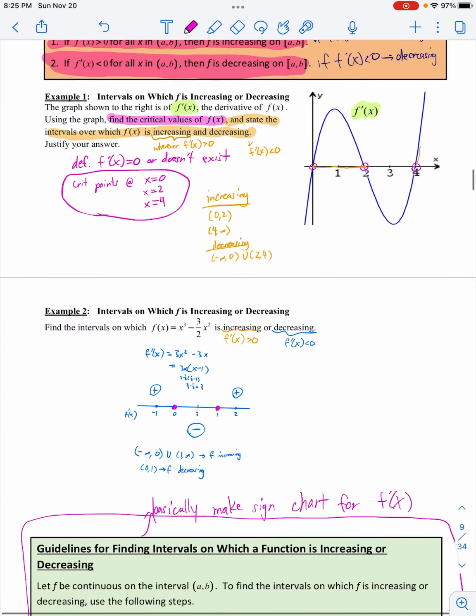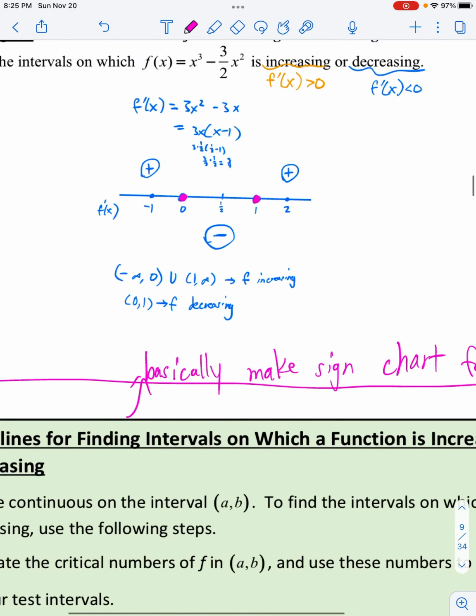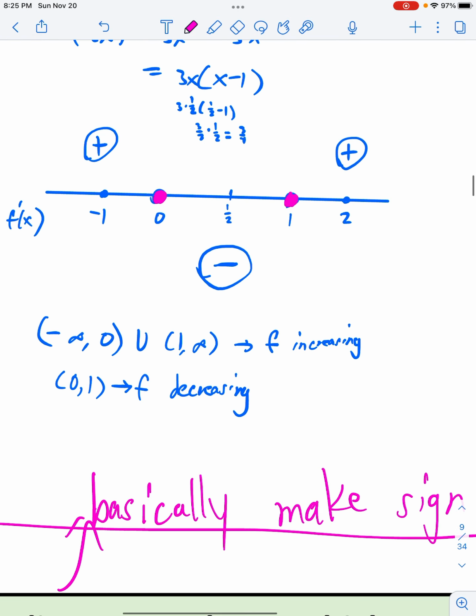And now what you're doing is, I'll go back to this last problem. You make a sign chart for f prime of x, and now instead of just finding where f prime equals 0, these 2 pink points, we're going to look at what's going on to the left and to the right, okay?